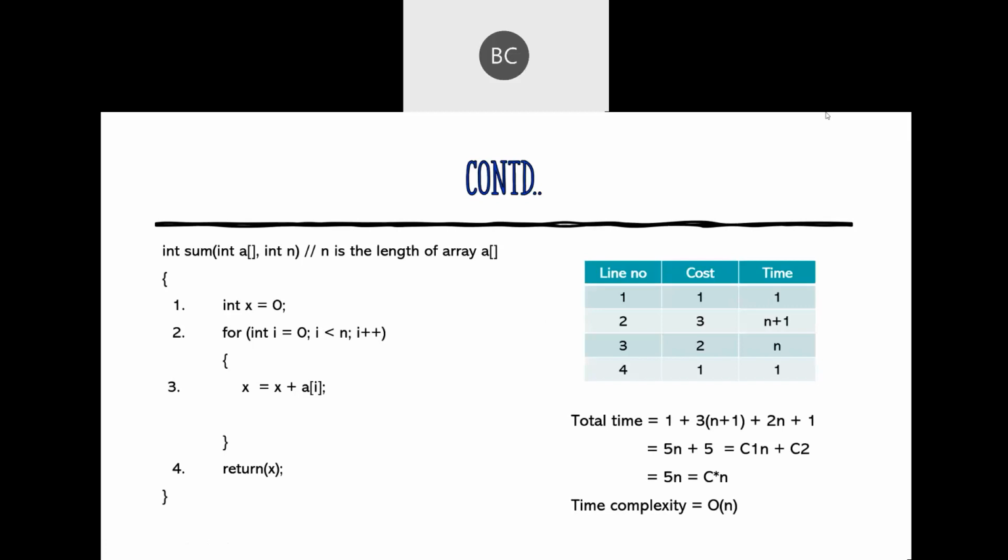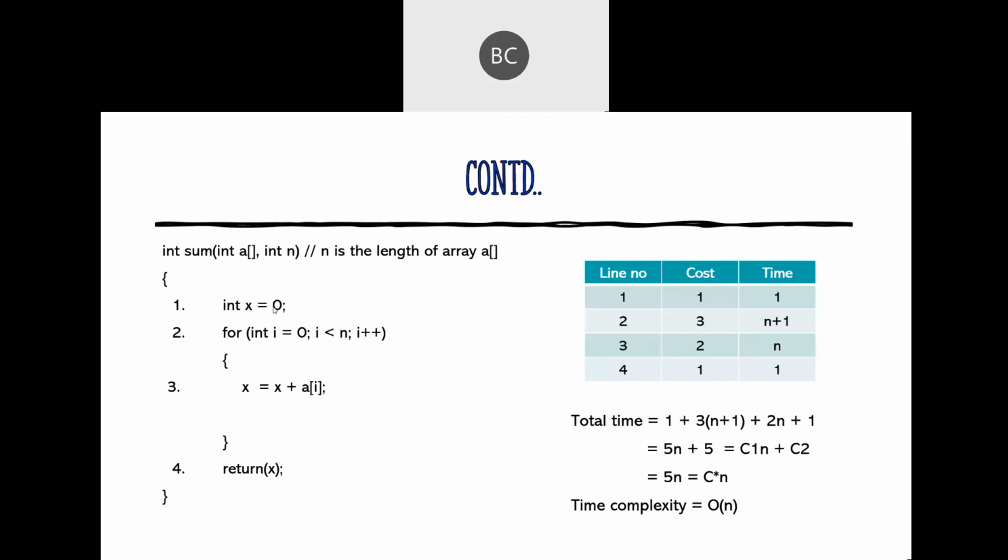Now see, for every line there is a particular time involved, and there will be some cost involved. I'm just writing it like 1, 2, 3. There are mainly 4 significant lines.